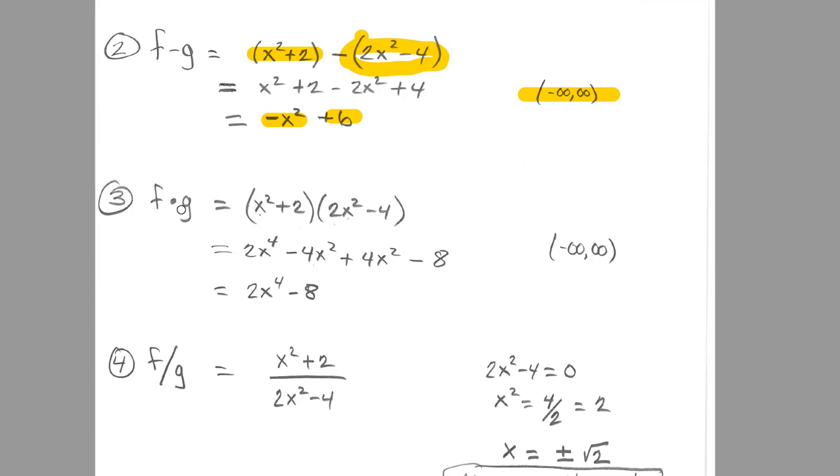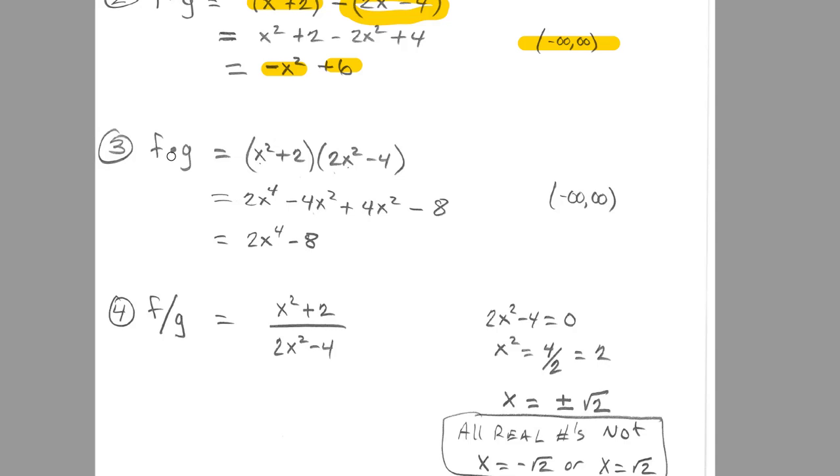Now f times g. This is f, this is g. In the case of f times g, I have x squared plus 2 multiplied by 2x squared minus 4. So now I have to FOIL this. X squared times 2x squared is 2x to the 4th. X squared times negative 4 is minus 4x squared. 2 times 2x squared is positive 4x squared.